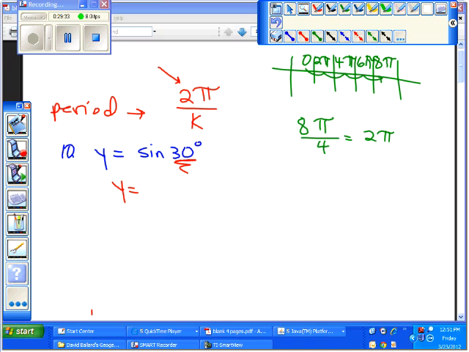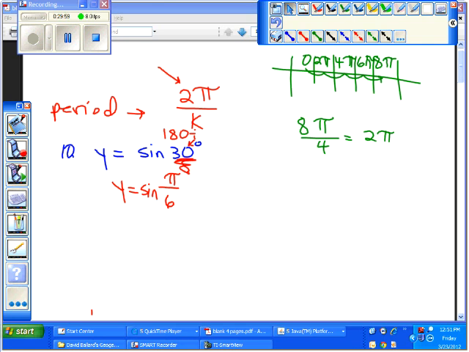So how do you get it in terms of pi? You take 180 divided by that number, and that becomes your denominator. Remember that? 180 divided by 30 is 6. So that's the same as pi over 6. So we really have sine pi over 6.